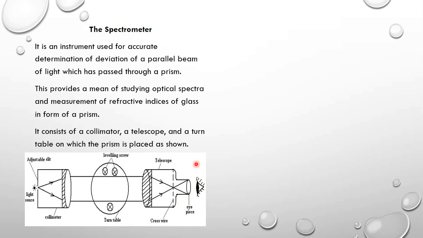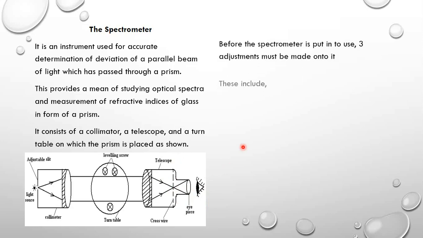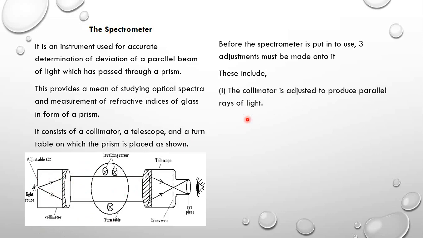Before we use this spectrometer, we have to make 3 adjustments. The collimator is adjusted to produce parallel rays of light. And then after that, we are also going to level the turntable.